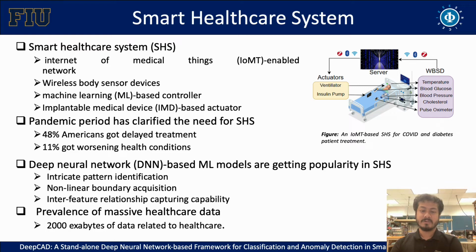However, the prevalence of more than 2,000 exabytes of healthcare data, mostly collected by Internet of Medical Things enabled networks, supports that healthcare has become one of the mature safety critical cyber-physical systems, and the data collected from the healthcare network can be used for training the deep neural network models accurately to classify the patient's health status.